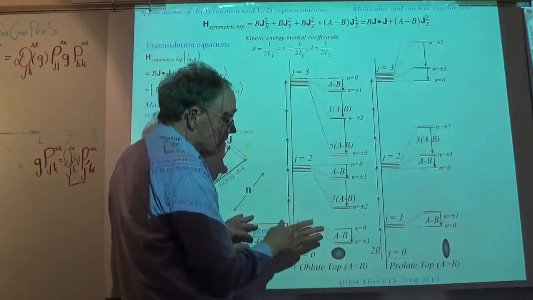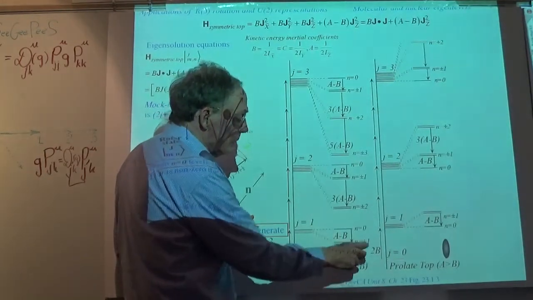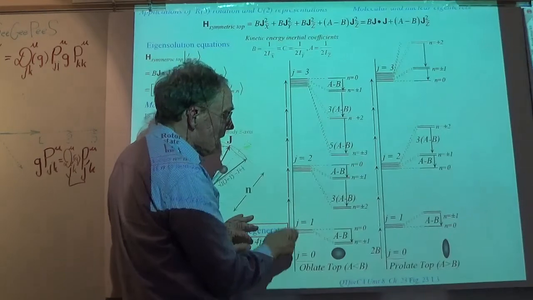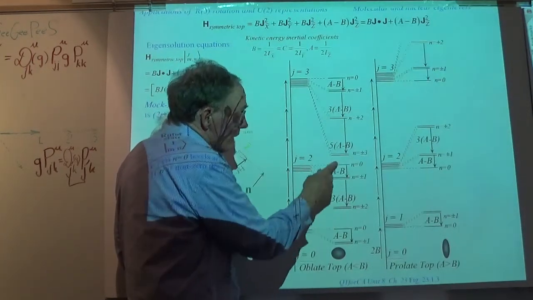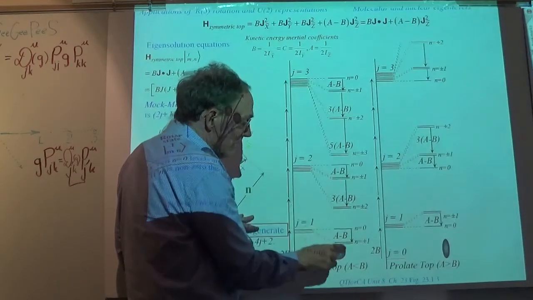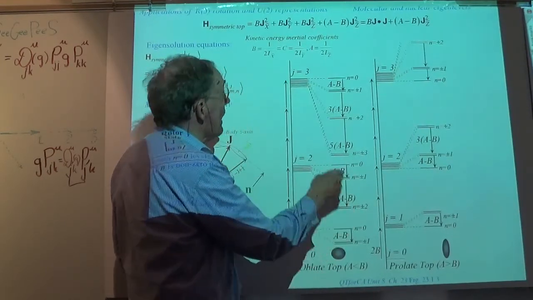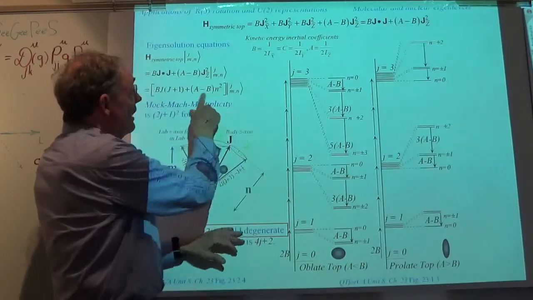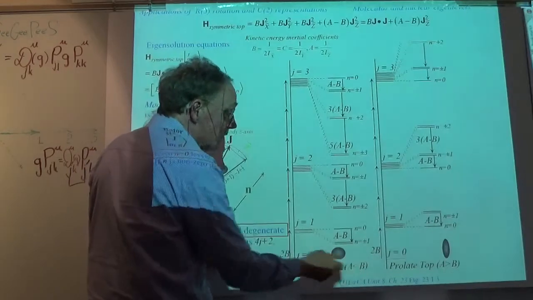But j equal 1, you're seeing a triplet, it's just that 2 of them are degenerate, n equal plus or minus 1. And then for j equal 2, you're seeing 5 levels. And then n equals 0, and then a doubly degenerate like this one had. And then another one, just a little bit further down, it's quadratic, you see. It's quadratic in n squared, and with a minus sign for this case where A is less than B.